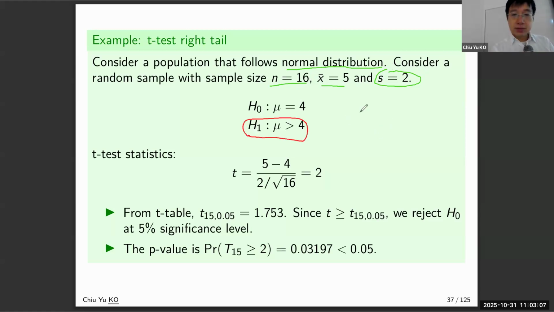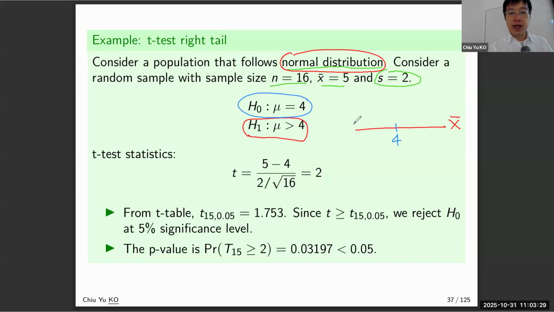So let's start. Because the population is normal, a bell curve, the sample mean will follow a bell curve as well. Under the null hypothesis, we have 4 as the mean, and the bell will be centered here. We know the variance is this guy.